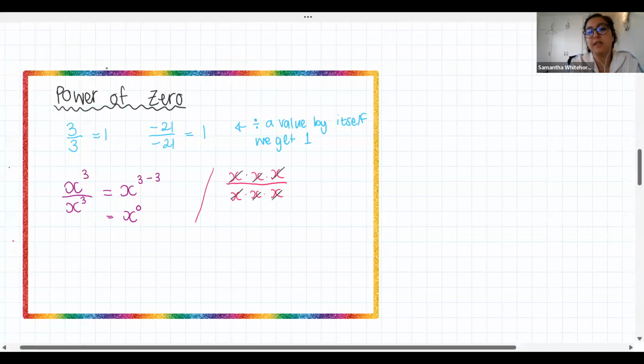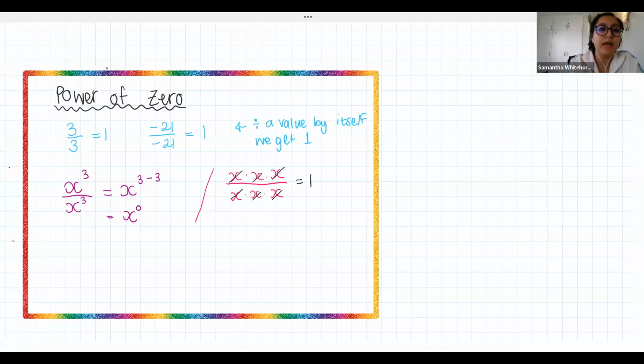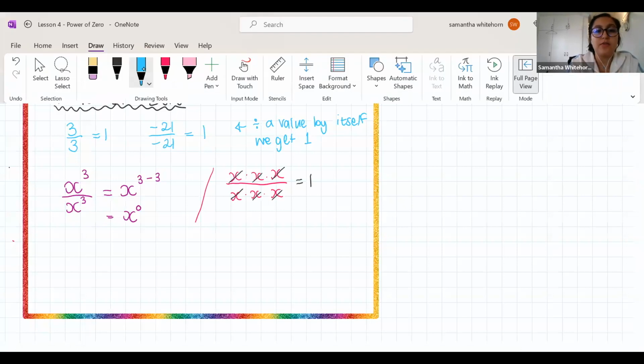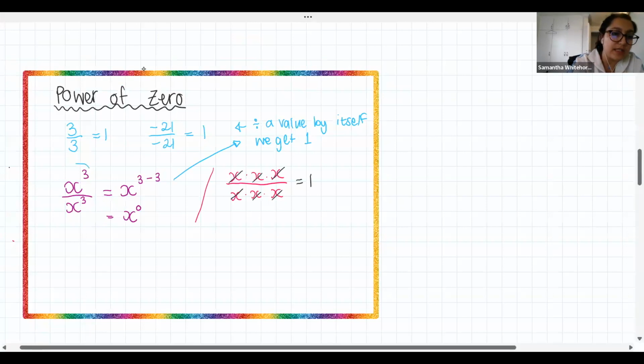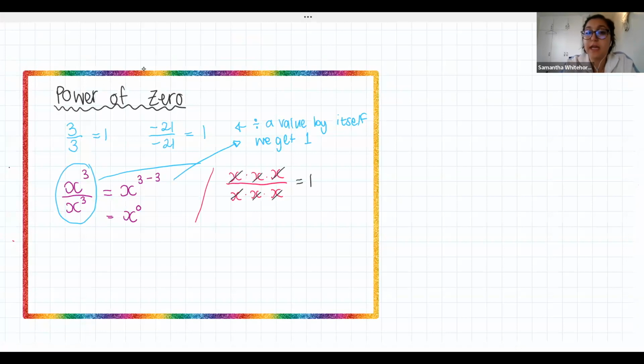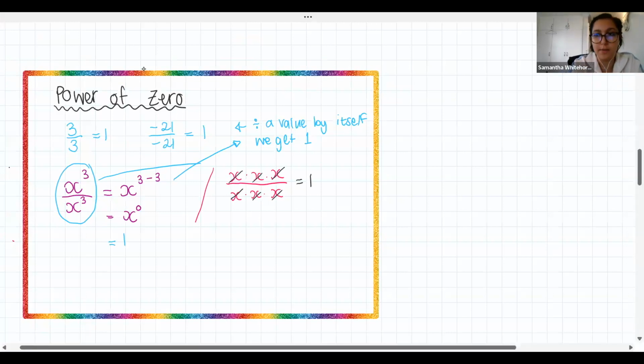And if I'm canceling everything, all I'm left with is 1. But I know that that is true because I've said when we divide a value by itself, we get 1. And that is exactly what I'm doing here. I'm dividing x cubed by itself. So we know technically that if I'm saying x cubed divided by x cubed, I must get 1.